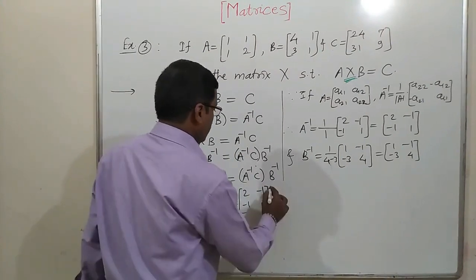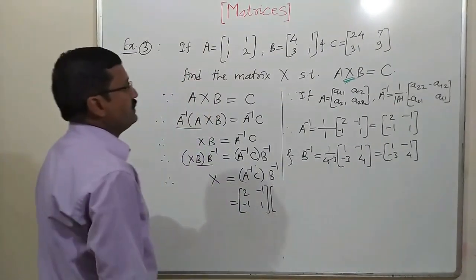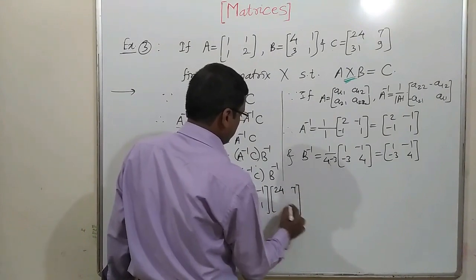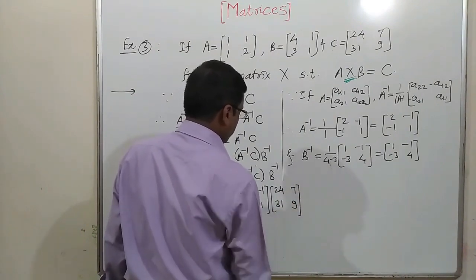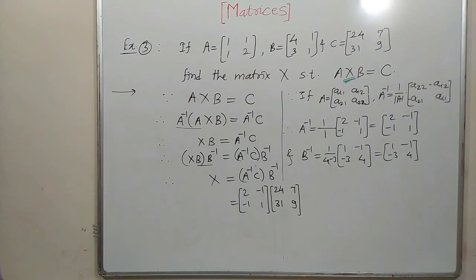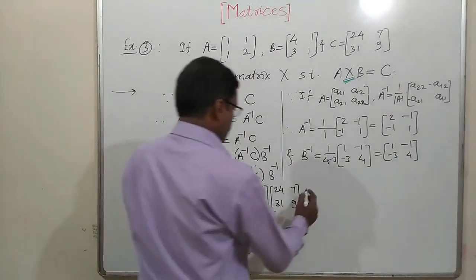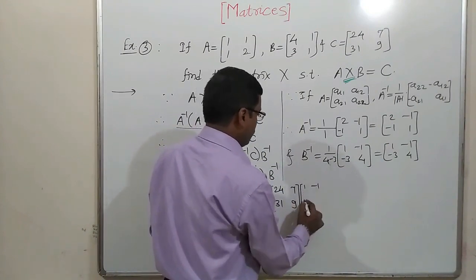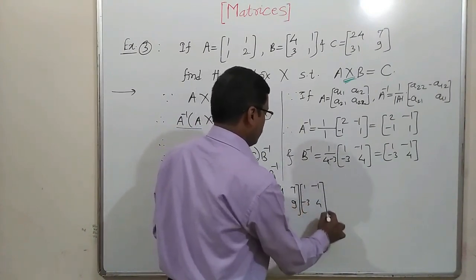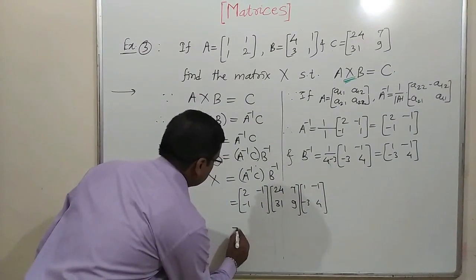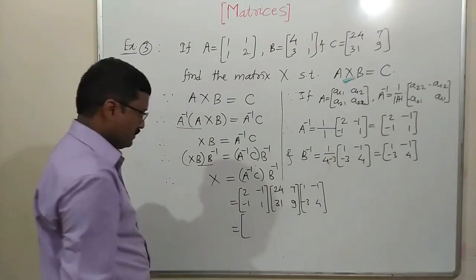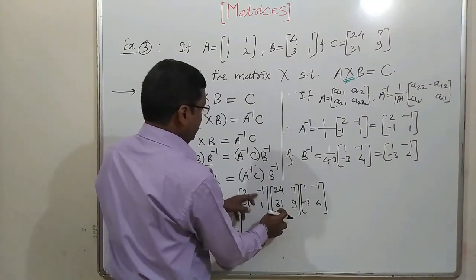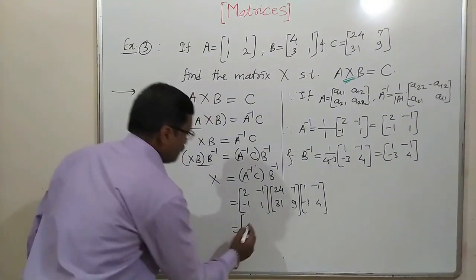C is given as 24 7, and 31 no. Then into B inverse, that is 1 minus 1 minus 3 4. So first take the multiplication of this: 24 into 2 is 48, 48 minus 31, that is 17.